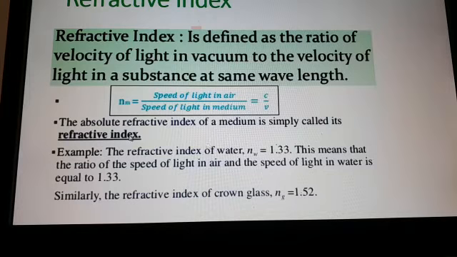The absolute refractive index of a medium is simply called refractive index. For example, the refractive index of water is 1.33. This means that the ratio of the speed of light in air to the speed of light in water is 1.33. Similarly, the refractive index of glass is 1.52.